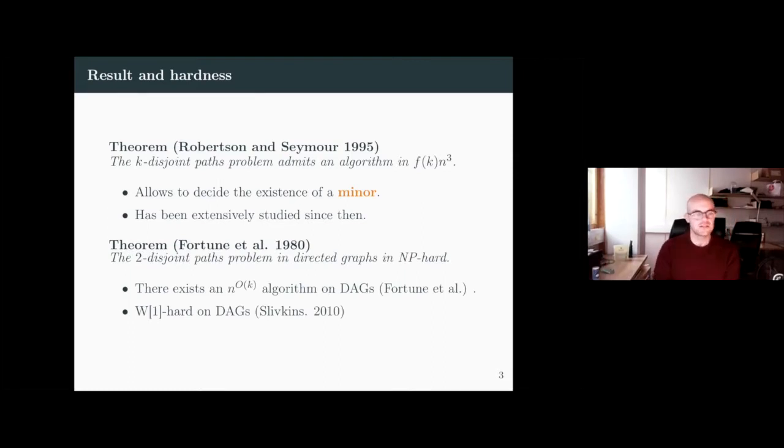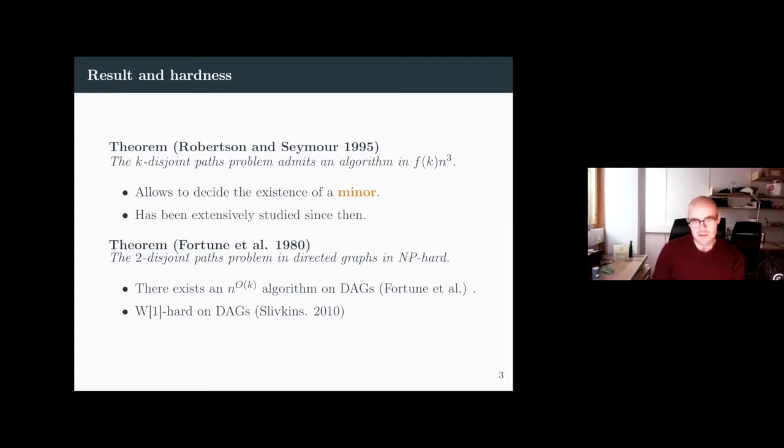It's exactly the same question, but instead of having an undirected graph, you have a directed graph. And in the directed case, everything is much harder. Actually, this is a very famous theorem from Fortune et al. from the 80s, which shows that the two disjoint path problem on directed graphs is NP-hard. So even for two, it's not possible to get a polynomial time algorithm.